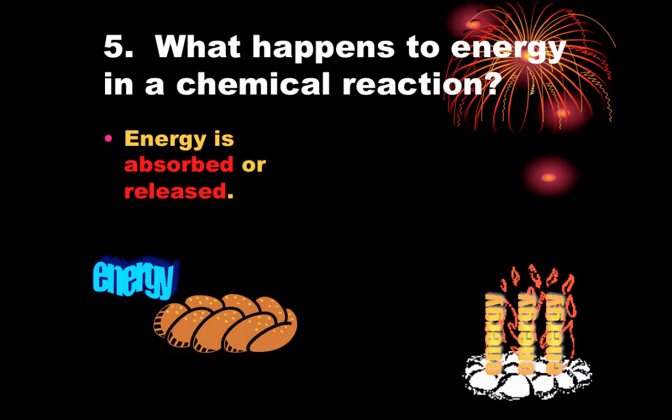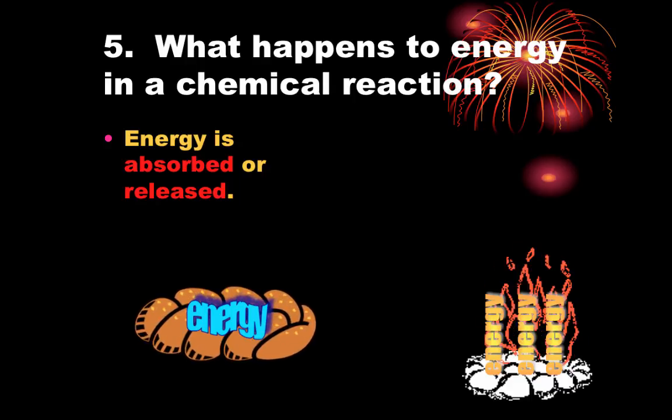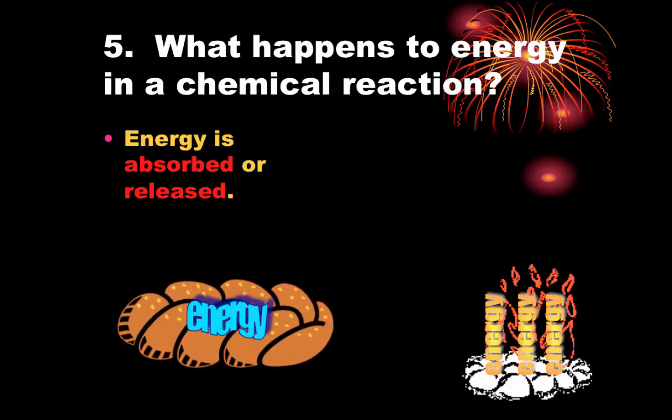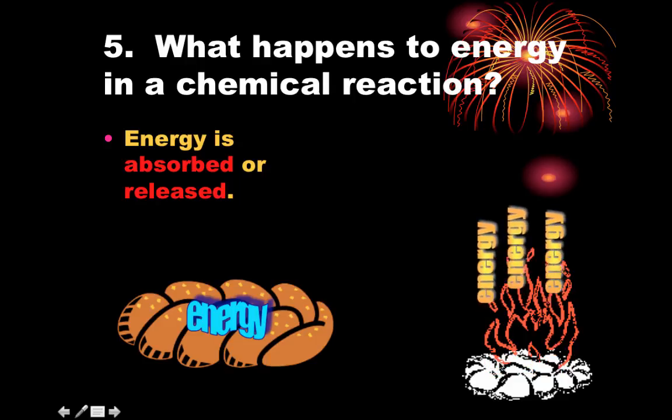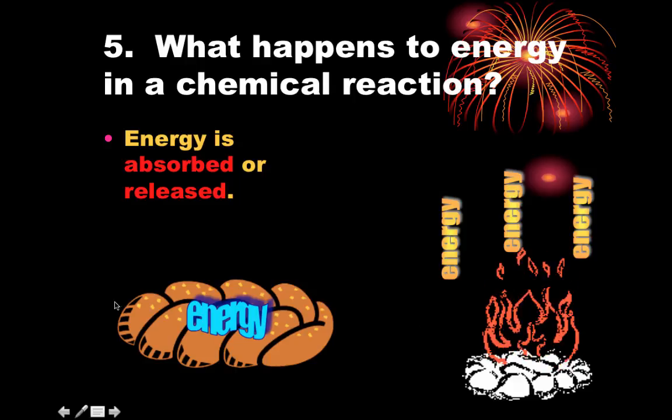In a chemical reaction, energy is either going to be absorbed or released, and not all the time is this something that's noticeable. So you might see energy getting absorbed, for instance in a loaf of braided bread, and that bread is going to expand, or you're going to see that energy is released, for instance, when burning wood or burning charcoal.